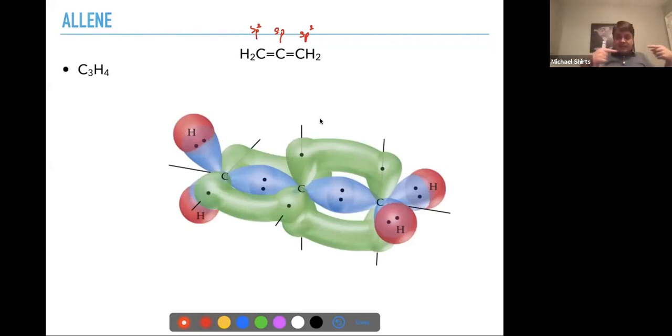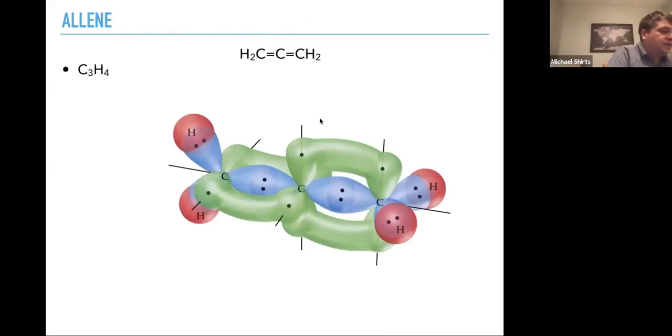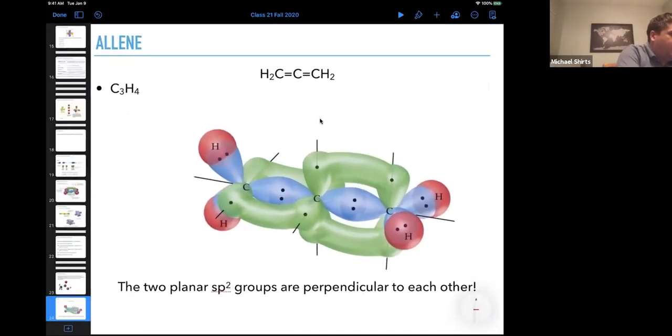It has sp hybridized orbitals that are bonding with the two other carbons, so there are two p orbitals available for pi bonding, but they're perpendicular to each other. There's the px here and the py here.